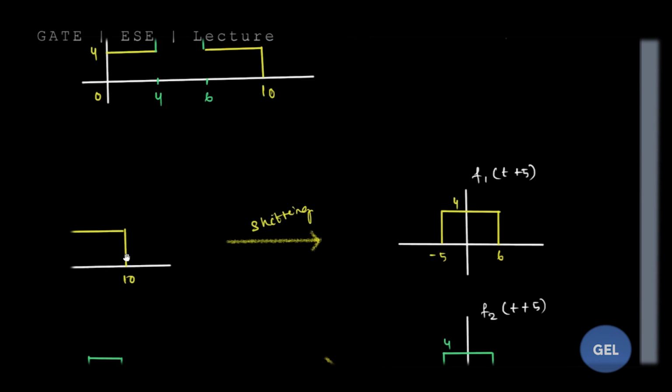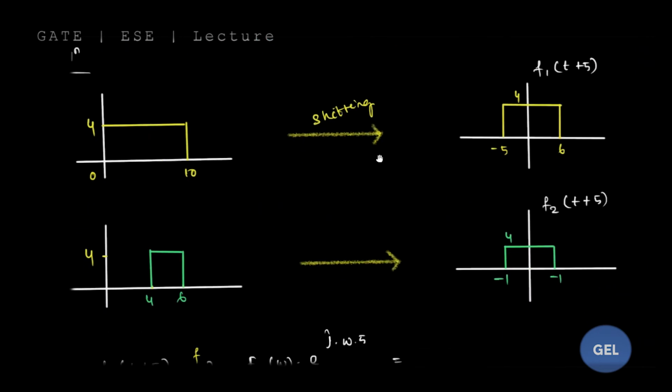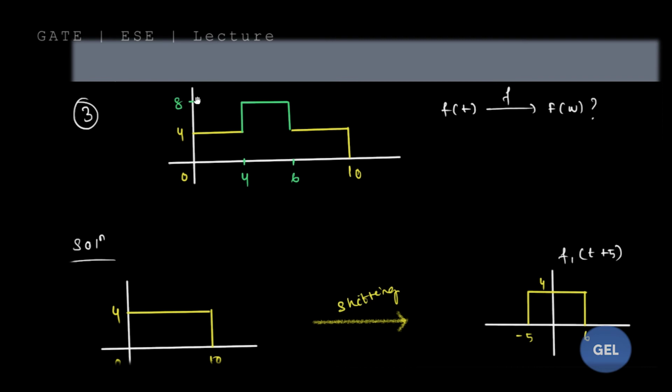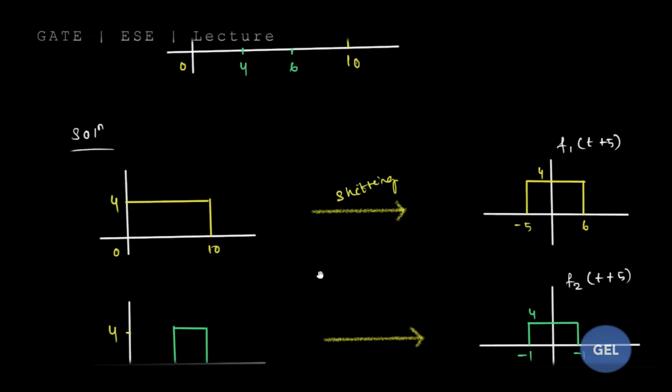So this formula is very easy to use. Finding out the Fourier transform of this entire rectangular function the first way is really difficult. Do it by yourself, then you will understand. So this is a very nice way to solve this.